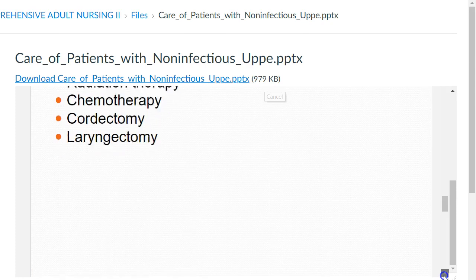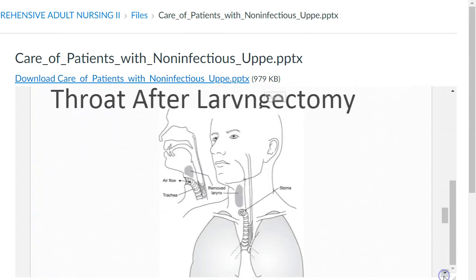And that brings us to laryngectomy surgery, as well as talking about either partial or total laryngectomy. When we talk about the extent of the cancer with these throat and neck cancers, might be cord stripping, cordectomy, or like I said before, a partial or a total laryngectomy.